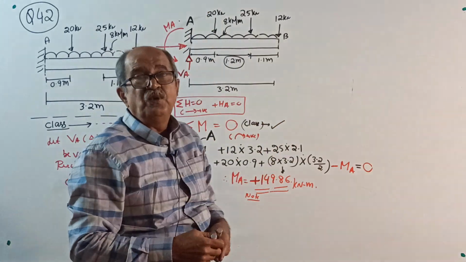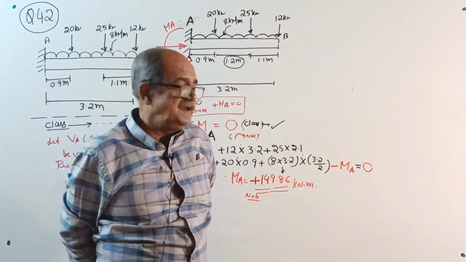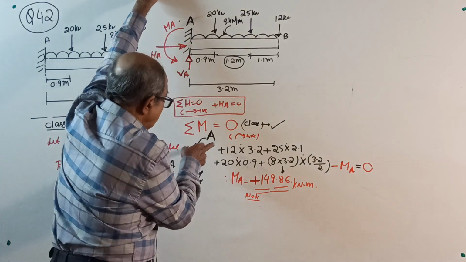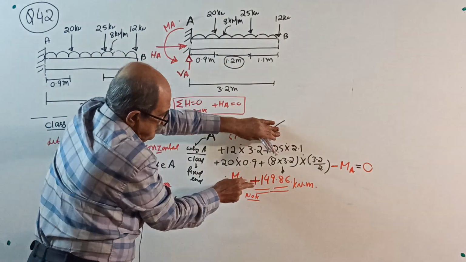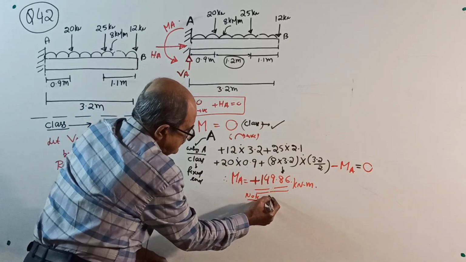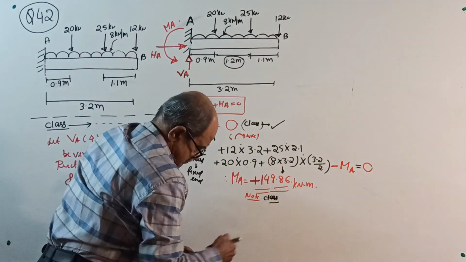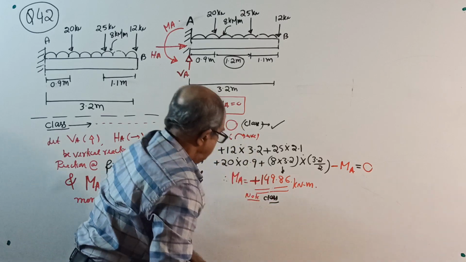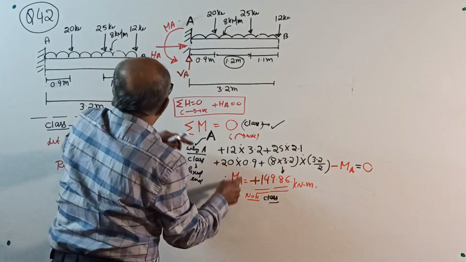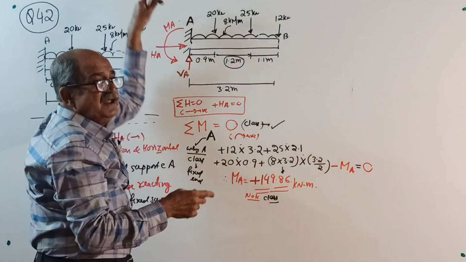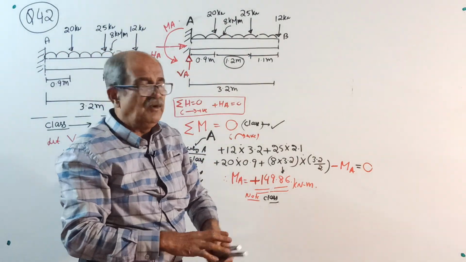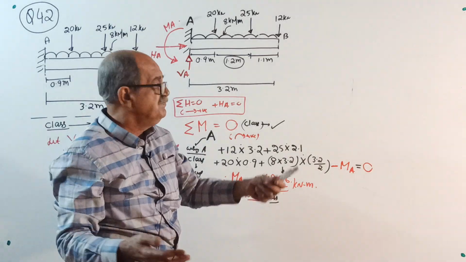Now only make a note. Later, when you mark the final reaction MA, do not see this clockwise path. Make a note: we considered MA in the anti-clockwise direction because we know it is anti-clockwise, or you can take anything.